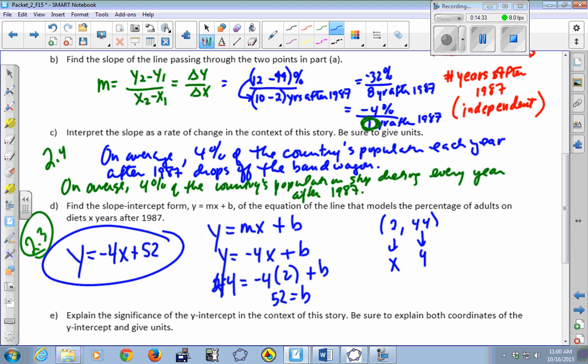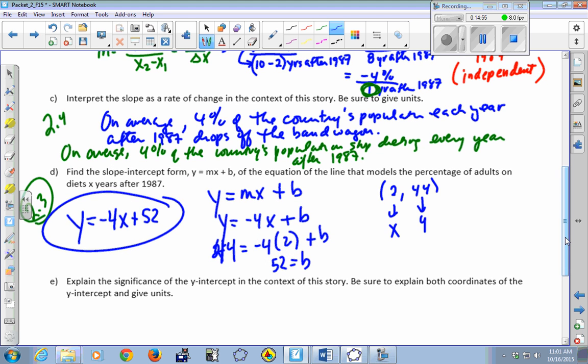When you look at that equation, you get 2 bits of information directly staring at you. You know what your slope is, -4 divided by 1, and so you can interpret that. And then you also know your y-intercept is 52. So let's talk about what the y-intercept means in the context of this particular problem.